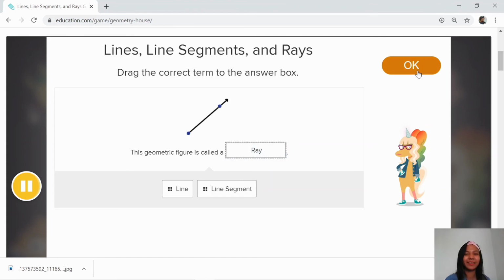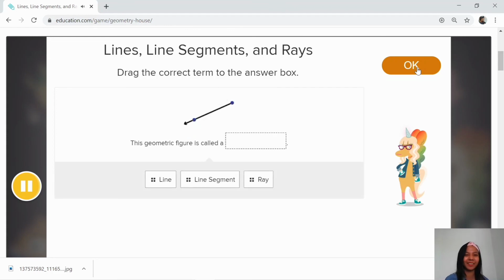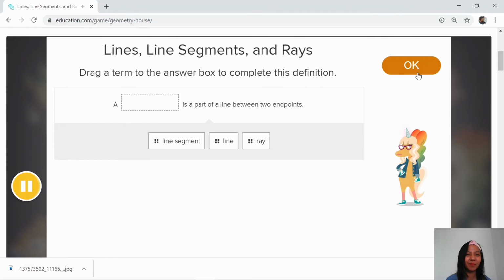Very good. Next. How about this one? Take a look at this diagram or figure. It's still a ray, with only one endpoint and one arrowhead. Nice job.